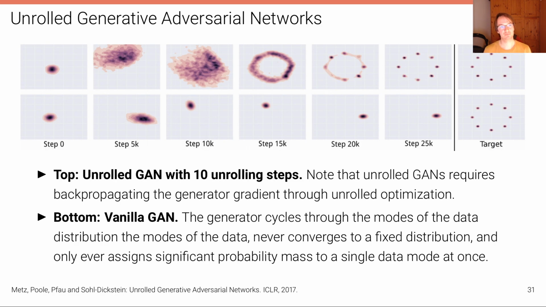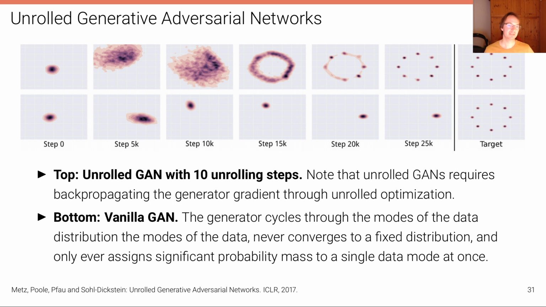Here's an example of this unrolling strategy, where we are unrolling for this anticipatory feedback of the discriminator. In this case, unrolling the GAN discriminator for 10 steps, which of course is much slower than training a vanilla GAN, because now we need to unroll and we need to backpropagate the generator gradient through the unrolled optimization itself.